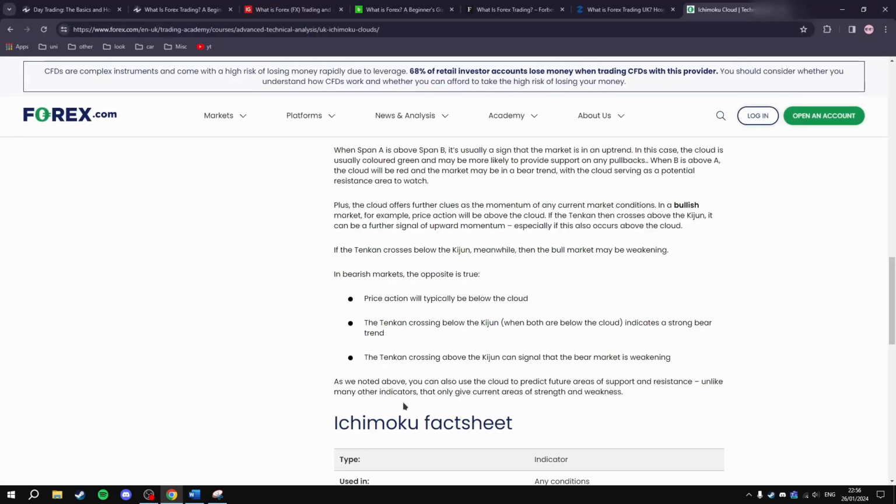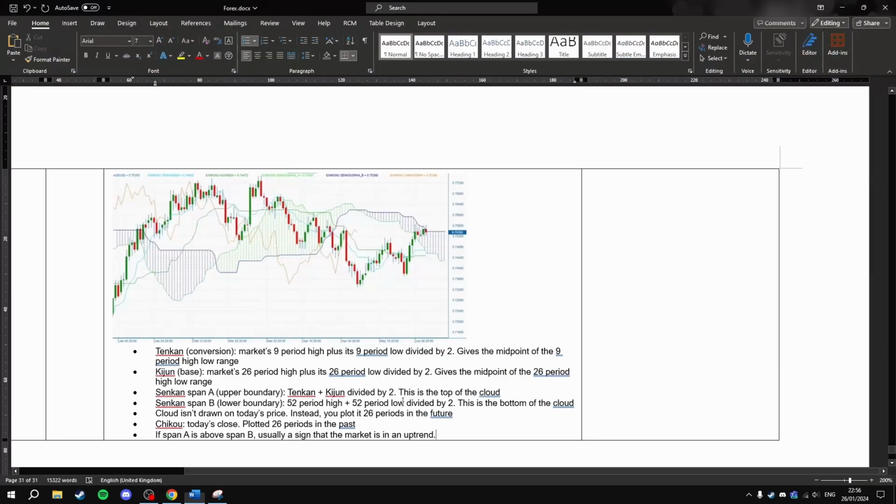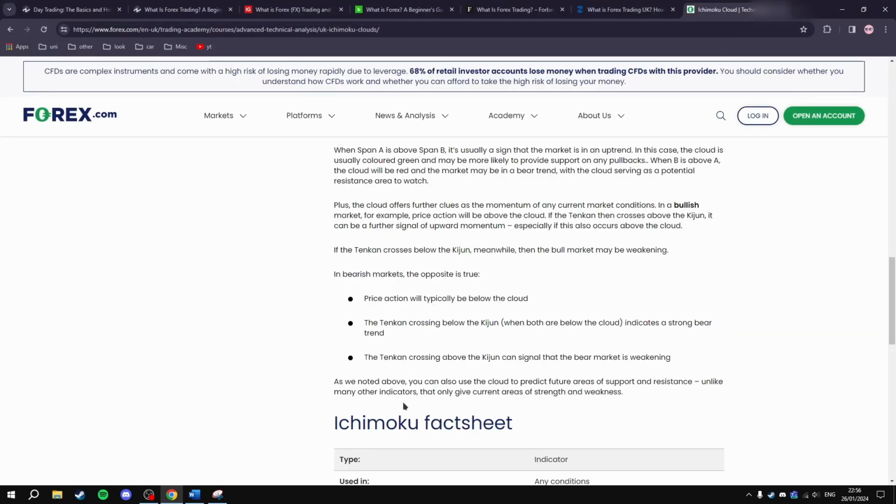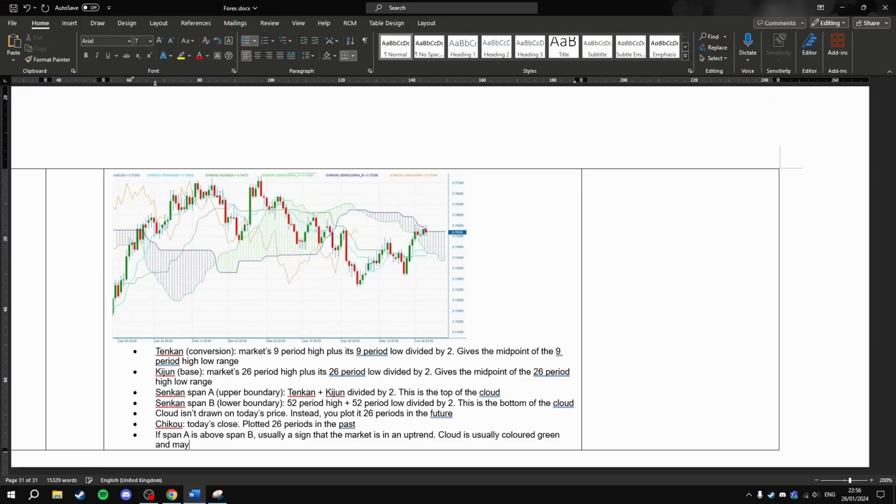In this case, the cloud is usually colored green and may be more likely to provide support on any pullbacks.